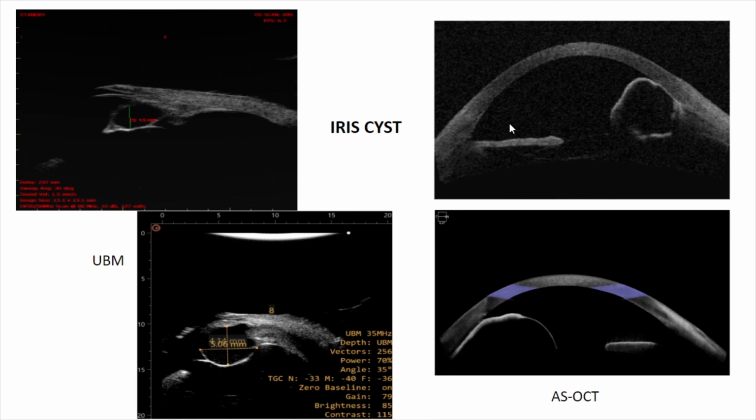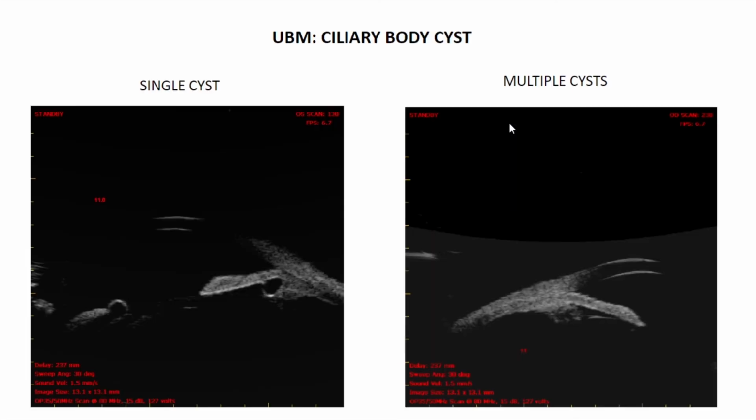This is an ASOCT spectral domain image showing the iris cyst pushing the iris against the trabecular meshwork. These two are UBM images showing ciliary body cysts. In here, this hyporeflective area shows a single ciliary body cyst, and here we can see multiple hyporeflective areas showing multiple ciliary body cysts.